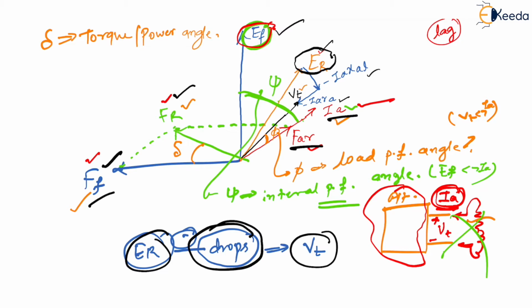This means if IA is not constant, FAR is also not constant. If FAR is not constant, it means that the addition of FF and FAR, which is FR, is not constant. So FR is also not constant, and if FR is not constant, ER is not constant. This is the problem in having ER. Getting my point?